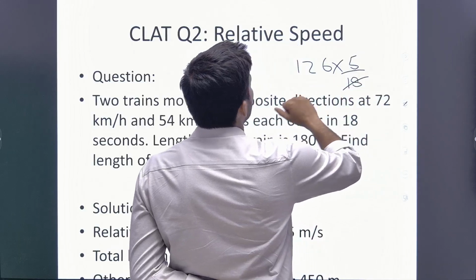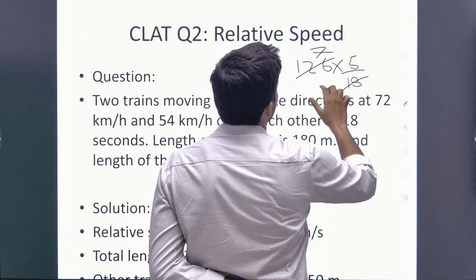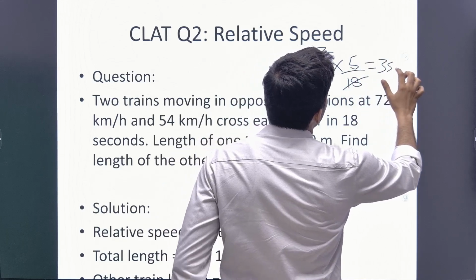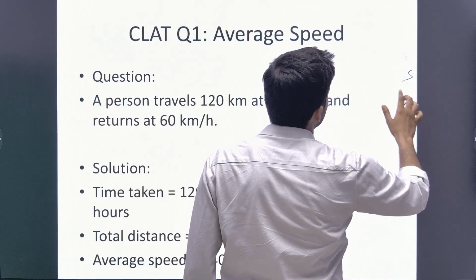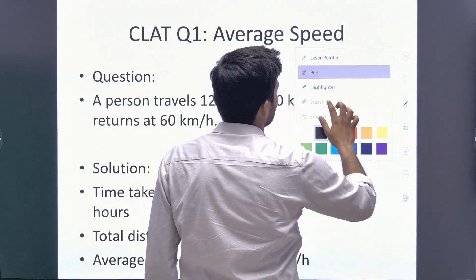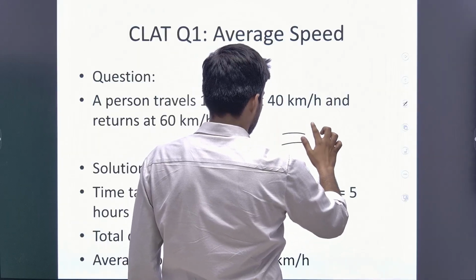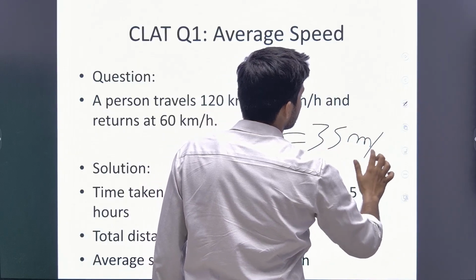When we divide 126 by 18, it is 7. So it would be 35 meter per second.